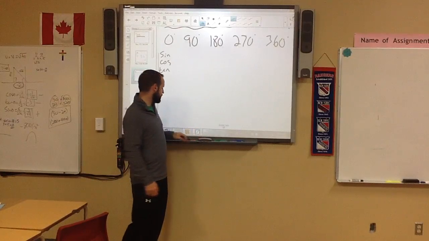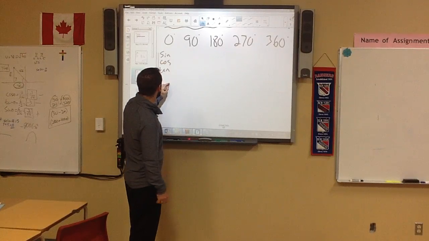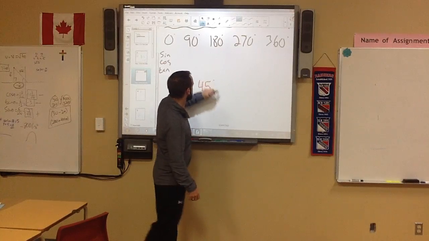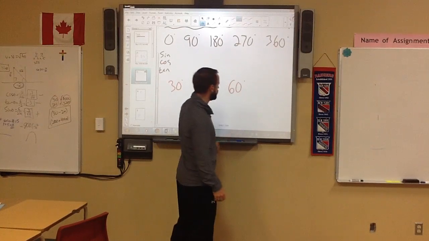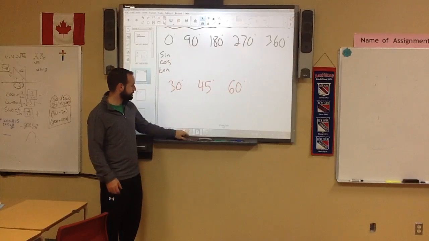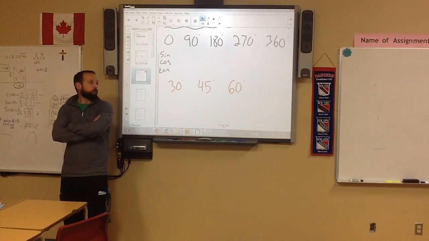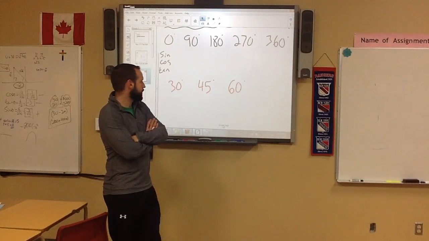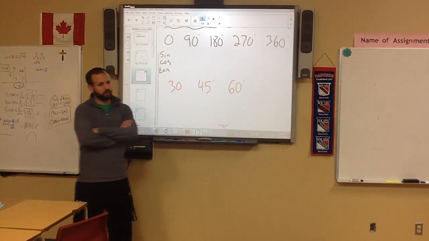Okay. Today, my plan is to give you 3 more angles that I want you to be able to do the same thing with. Okay. 30, 45, and 60 are what's called special angles with regards to the unit circle. We're going to unpack those today.